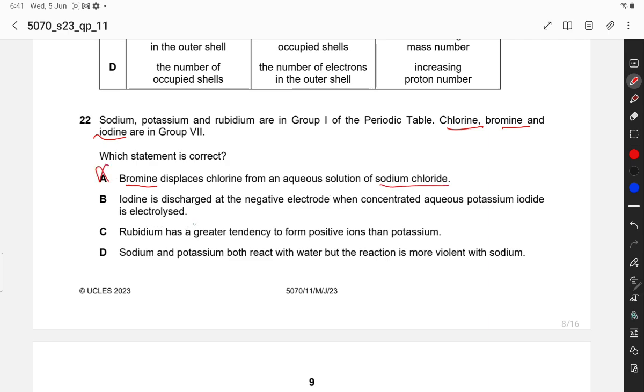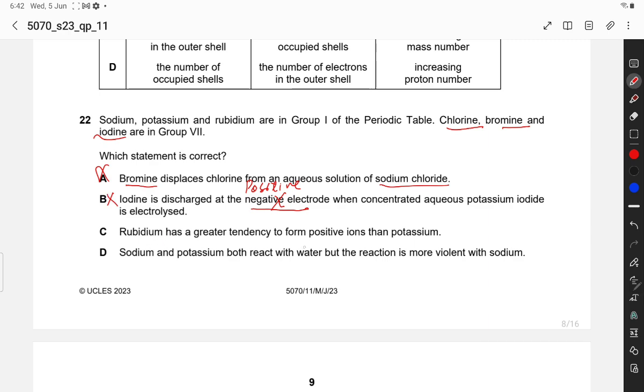B option: iodine is discharged at the negative electrode when concentrated aqueous potassium iodide is electrolyzed. No, it is incorrect. It is the positive electrode when concentrated aqueous potassium iodide is electrolyzed, so it is also incorrect.